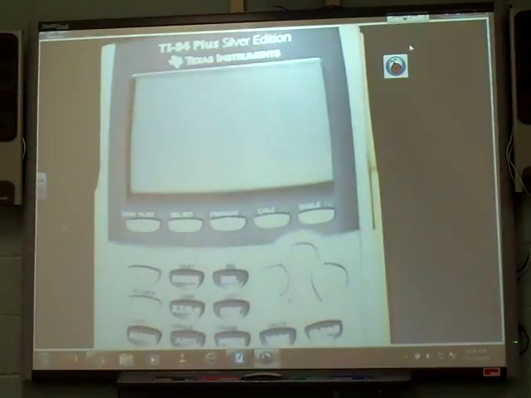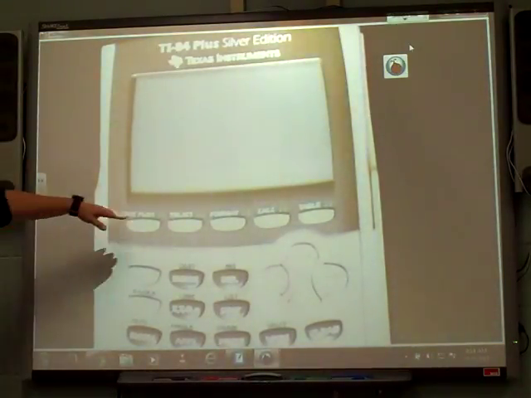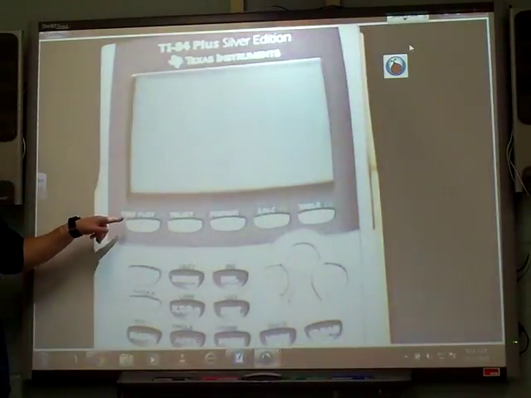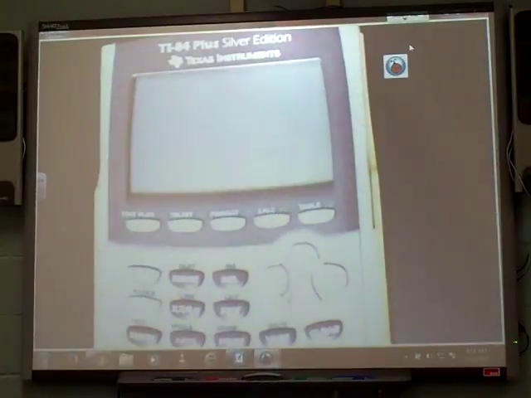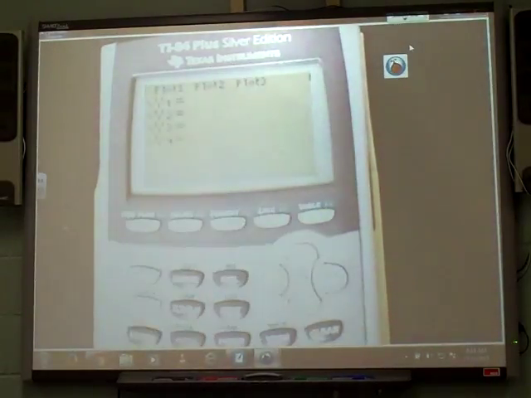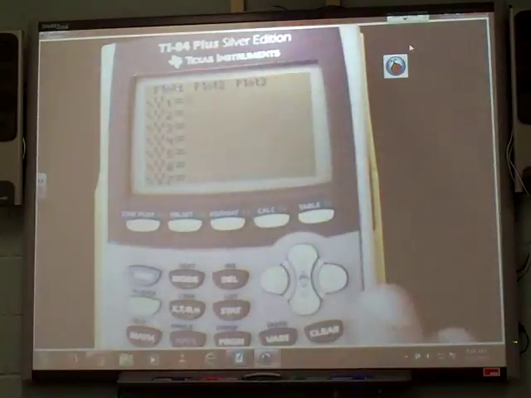All right, hit y equals, that very top row right underneath your screen. We've talked about it before. This is your graphing screen. These are your graphing buttons. All these right here are underneath. So hit y equals, and then we just want to type that function in like it reads.